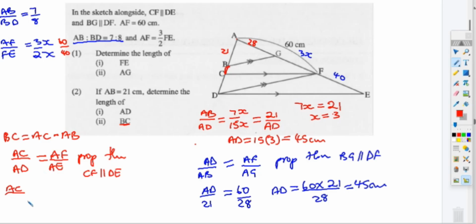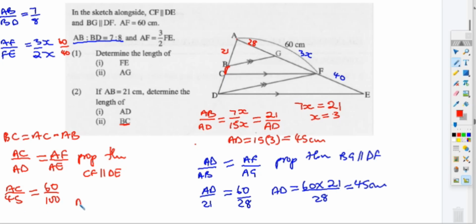We saw that AD is 45, and that is equal to AF, it's 60 there, and the 60 over AE. AE is this whole side, so we have 60 plus 40, that gives us 100.